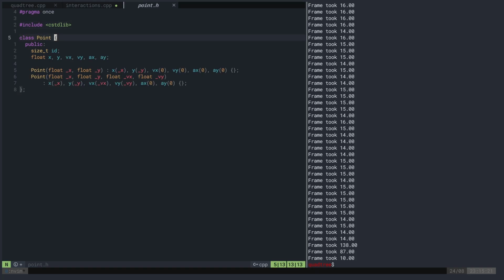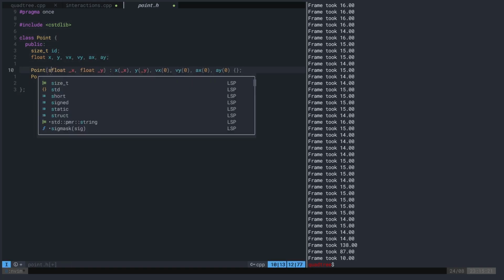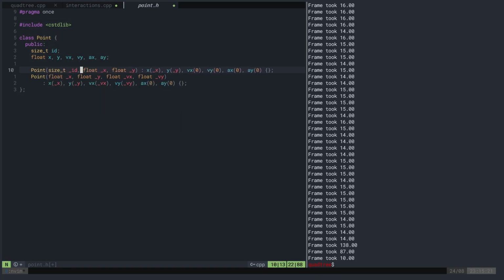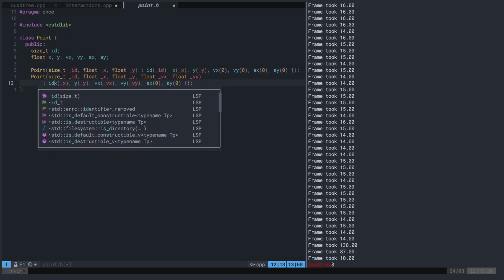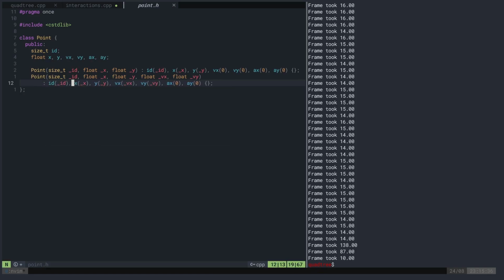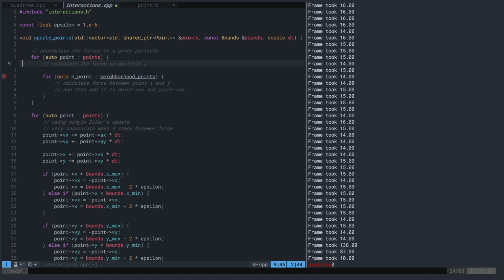We have an index like so. We add it to our constructor. We initialize it like so, and I know it's going to give us an issue in our main.